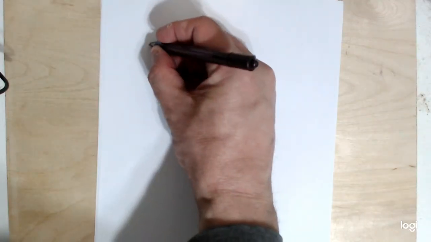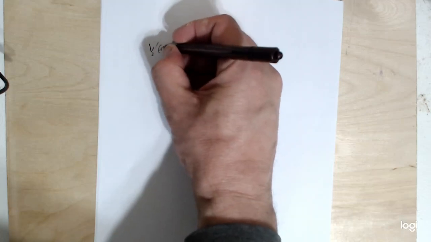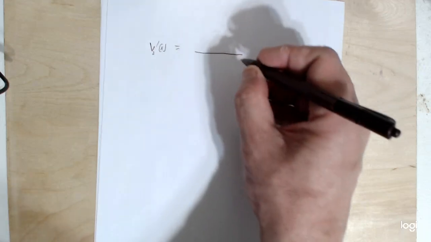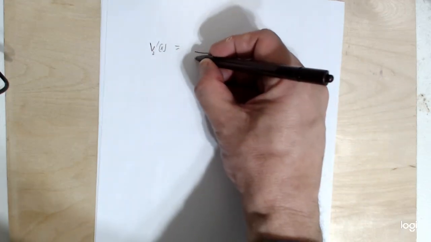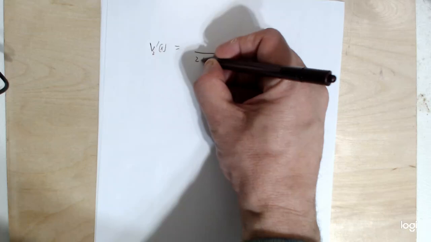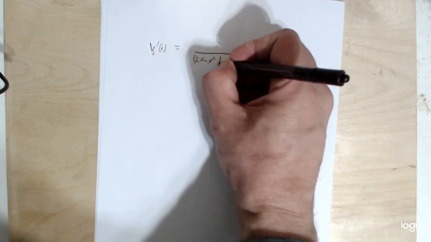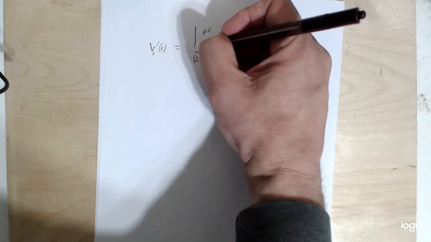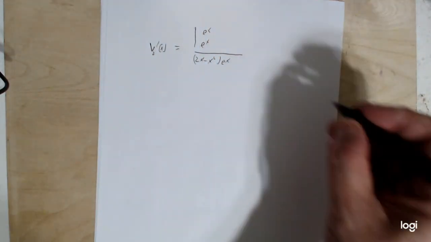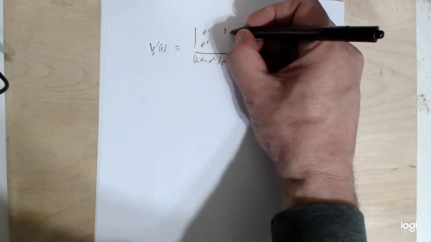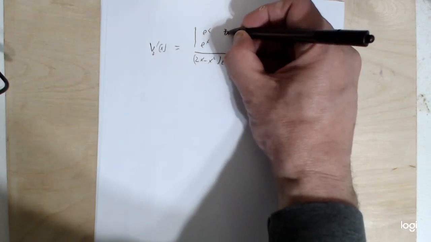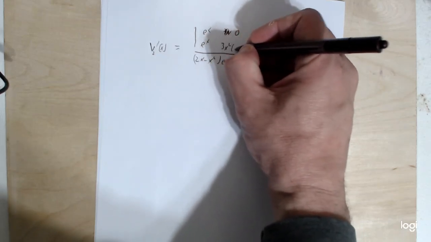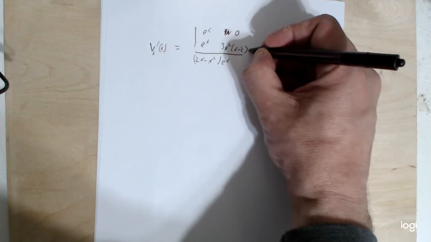So v2 prime of x is going to equal, again, our same denominator, 2x minus x squared times e to the x. And my numerator is e to the x, and then I have my 0 here, and 3x squared times (x minus 2) e to the x.